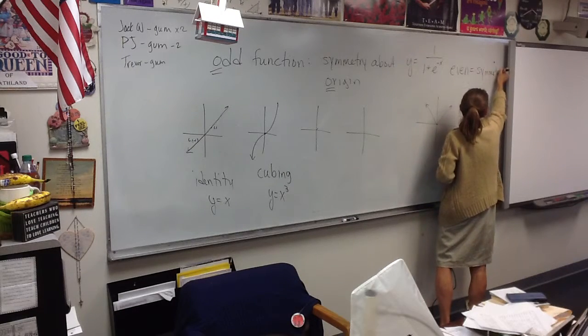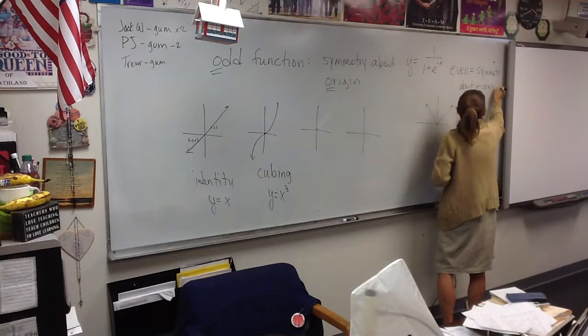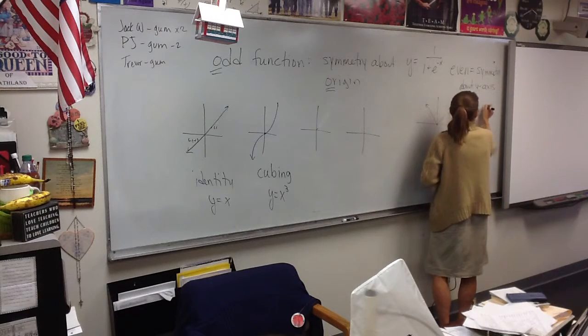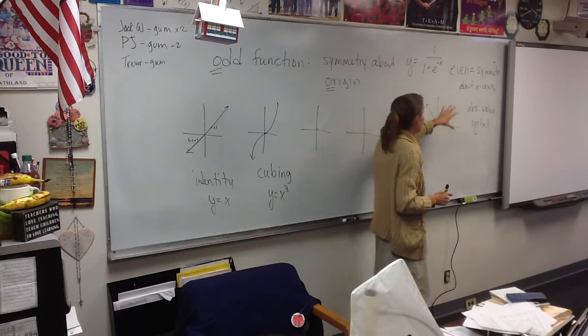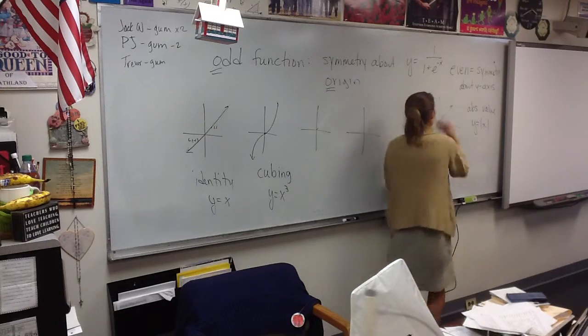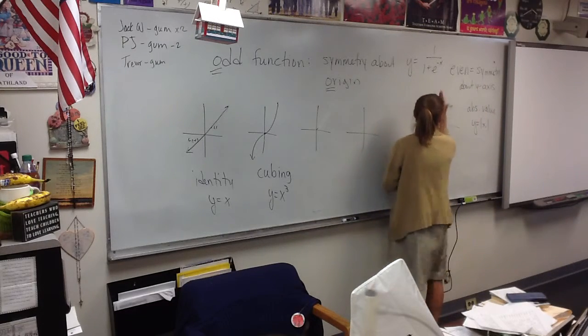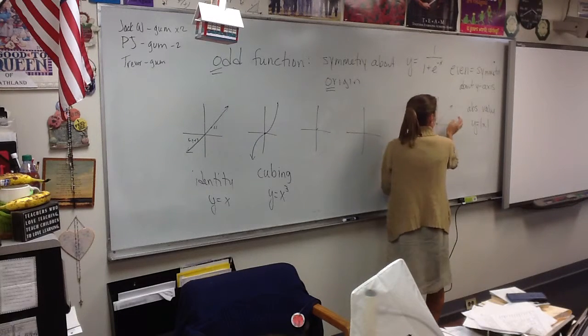I'm glad you said that, but that would be your absolute value, y equals the absolute value of x. That one would be considered even. Even is symmetry about the y-axis, so if you fold your paper on this axis, you get the mirror image. Even.